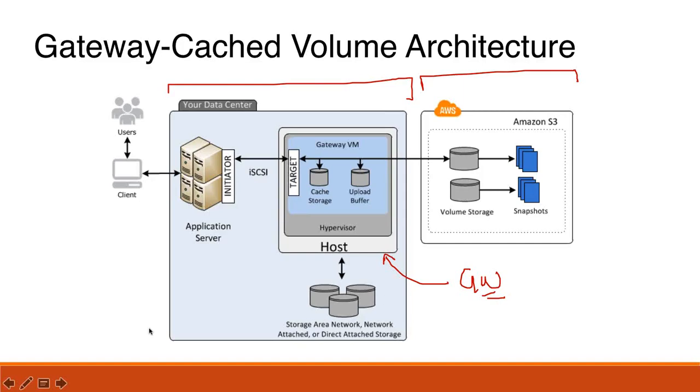This storage gateway contains two different components, cache storage and upload buffer. Whenever the users or the application server write data to the storage gateway, the cache storage retains the frequently accessed data, whereas the upload buffer, which acts as a staging area, pushes the entire content to your S3.